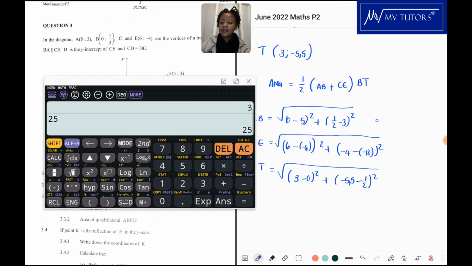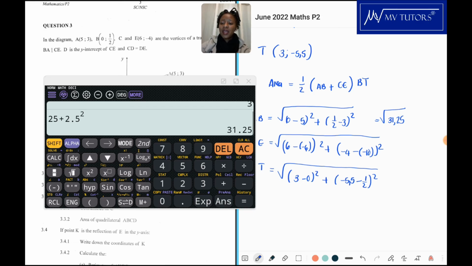That's 25. And then we have 2.5 squared. So it's basically 125 over 4. That's 31,25. So I have root 31,25. I don't want to lose the decimal places. That's why I'm not getting the root of it.